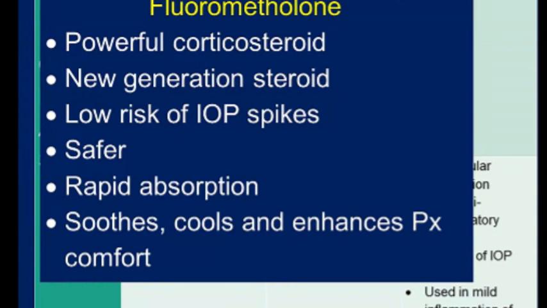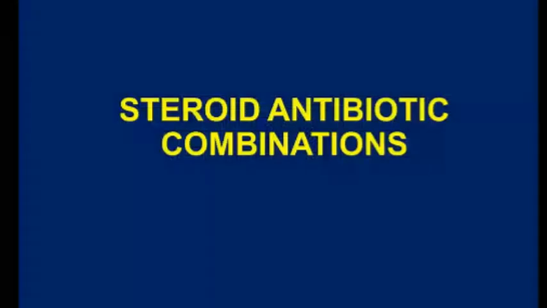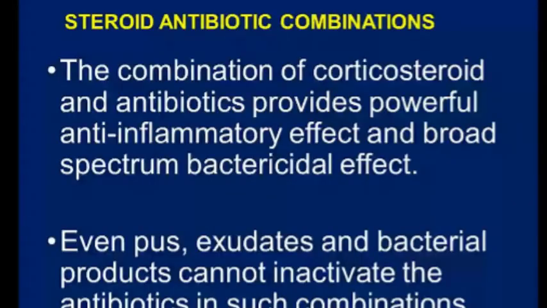So that is why most doctors always like prescribing furoate alone. So this is a table showing the half-life and the grading of the anti-inflammatory effects of each of these drugs. So we also have another classification of ocular drugs, the steroid antibiotics combination.